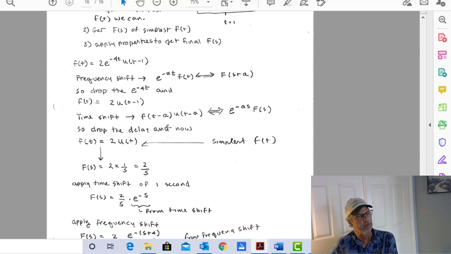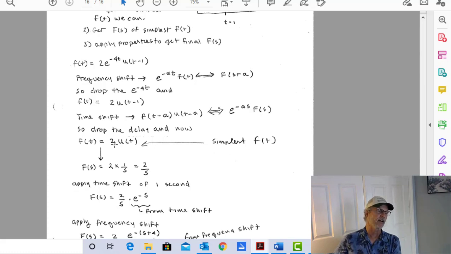So f of t minus a times u of t minus a is just going to be e to the minus as times F of s. If I now pull my minus a out here, I'm going to end up with just 2 u of t, because I'll handle that delay in the Laplace domain because of my property. So this is as simple as I can get.